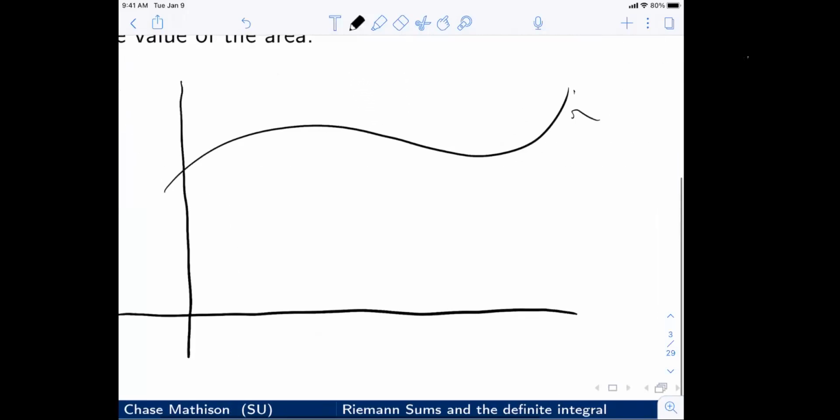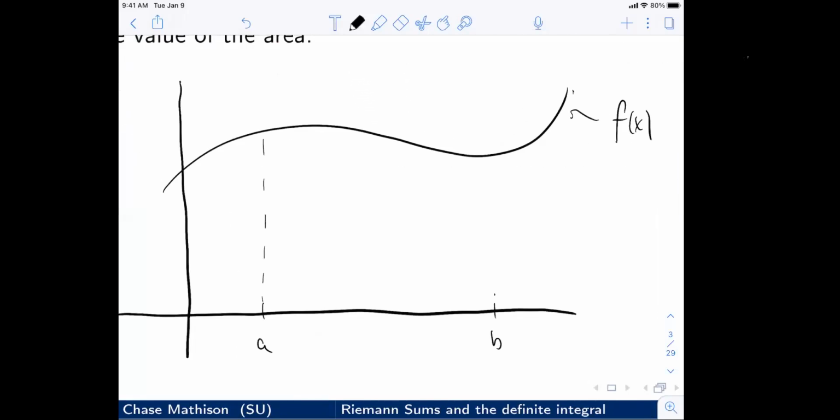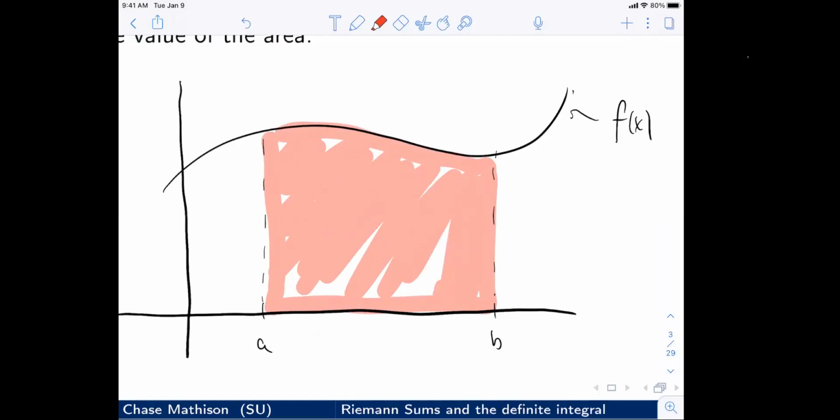This is f of x. And I want to find this area between x equals a and x equals b, underneath the curve and above the x-axis, okay? This is the whole situation that we're trying to accomplish.